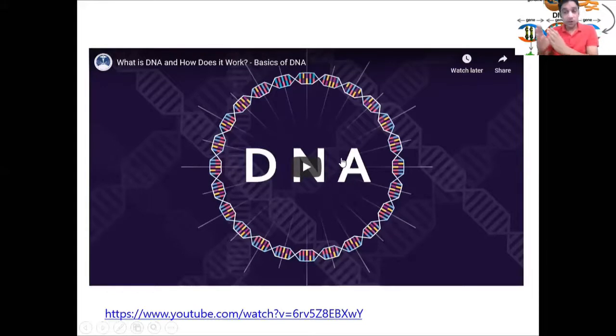DNA defines how one life form will be different from the other life form. For example, humans are different from animals because the DNA present in the animals is different from the DNA present in humans.